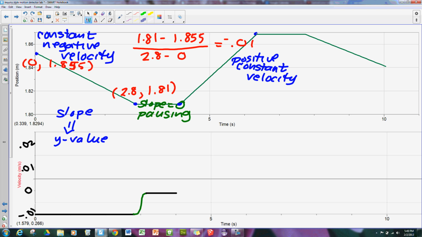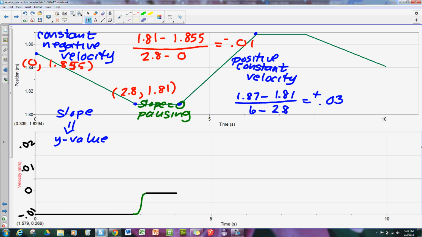Let's see, y2 will be, looks like 1.87, minus y1, same y value as before, 1.81, divided by x2, which is 6, minus x1, which is 2.8, and that equals 0.03, positive 0.03.